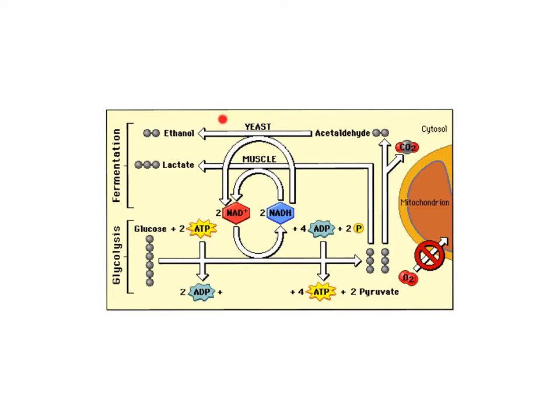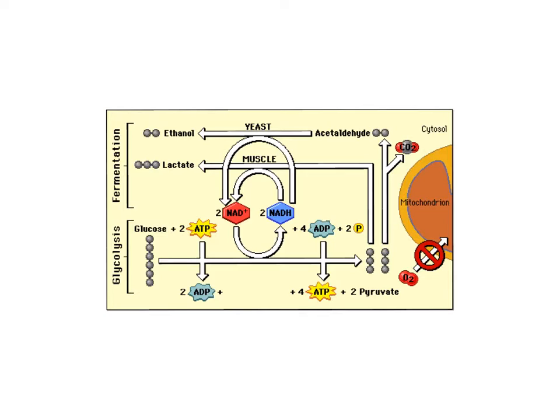So ethanol is an important substance that we make using yeast, and yeast is also used to rise bread, but that's another discussion. Remember, yeast are fungi. Some bacteria will also do ethanol fermentation instead of lactic acid fermentation.